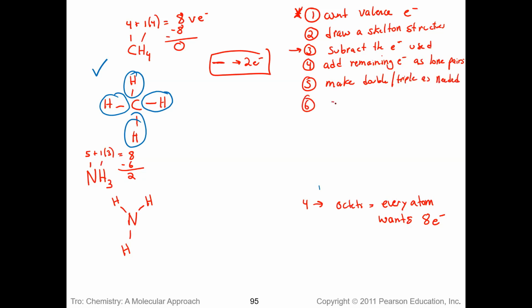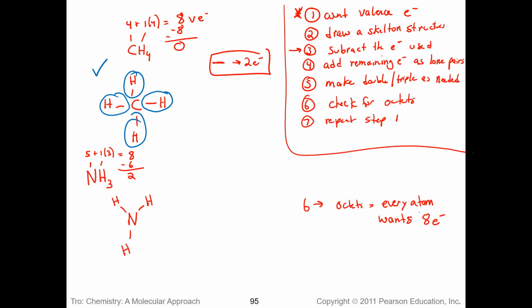And then 6, check for octets. Repeat step 1, which means count the electrons. Okay, so I just gave you the whole list, so this is the one we're going to use. We'll just use this for all of them.